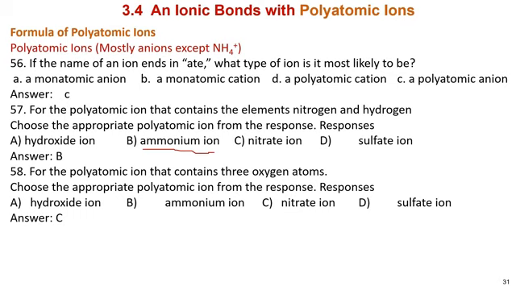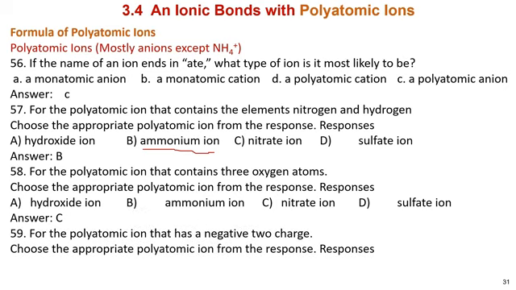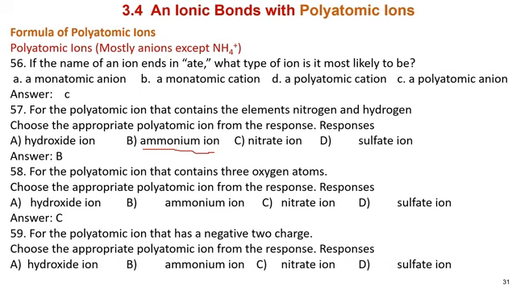Sulfur and 4 oxygen. For the polyatomic ion that has negative 2 charge: nitrate is negative 1, ammonium ion is positive 1, hydroxide is negative 1. Sulfate is negative 2. Remember that table we got for polyatomic ions.